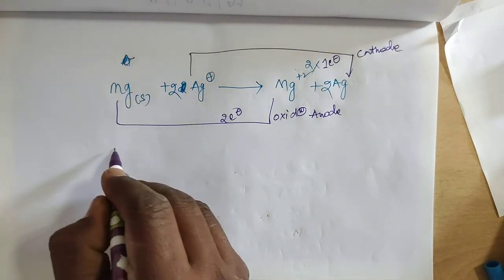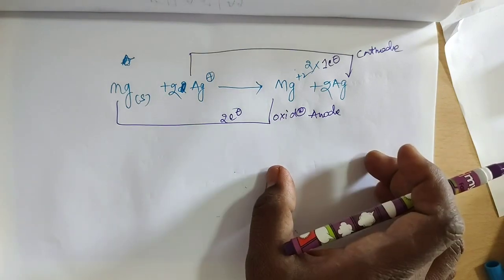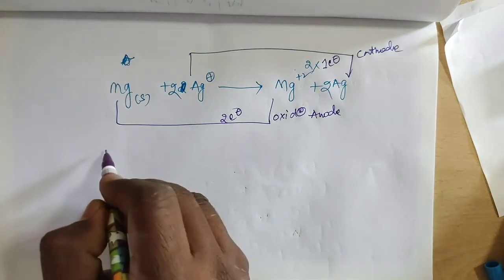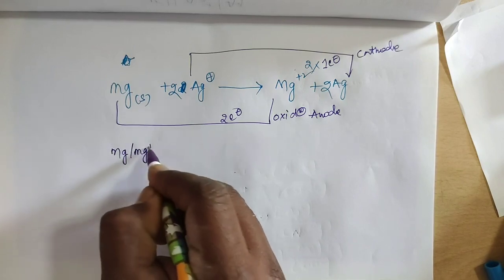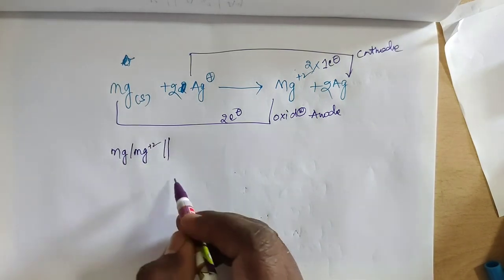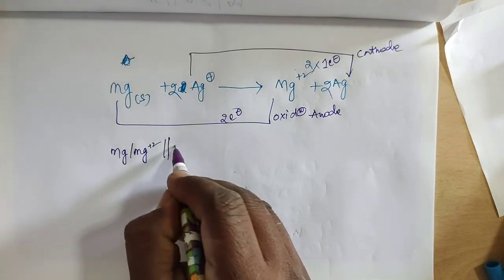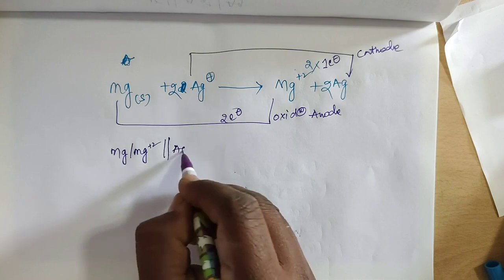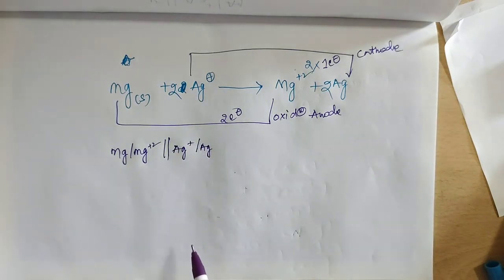So we write the galvanic cell representation. Left side is the anode electrode, right side is the cathode electrode. So Mg by Mg plus 2, this is a, what is this? Salt bridge. Ag plus by Ag. So this is the galvanic cell representation.